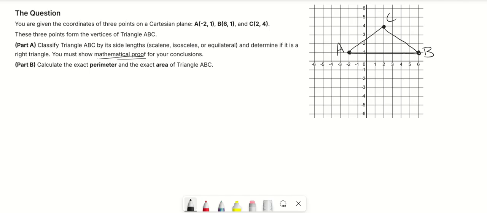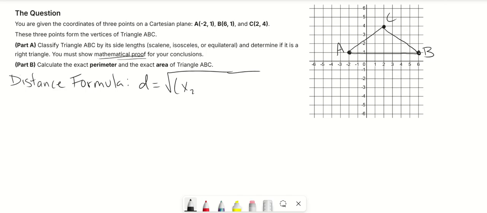All right, first up, we need to classify by its side lengths. And if we're solving for the length of a side, we are going to need the distance formula. So the distance between 2 points can be found by taking the square root of x2 minus x1, quantity squared, plus y2 minus y1, quantity squared.